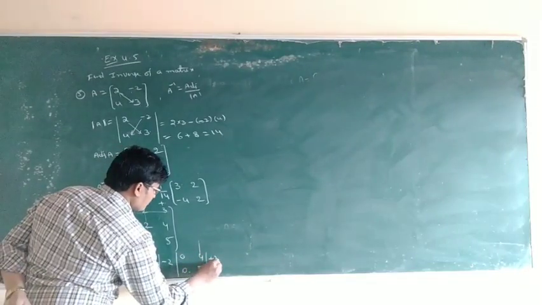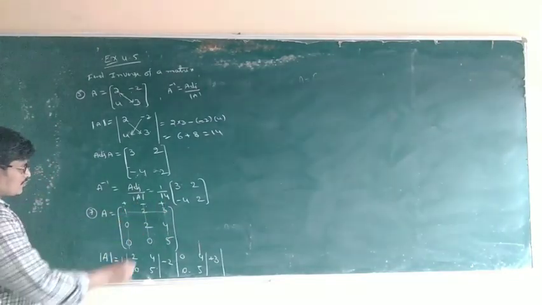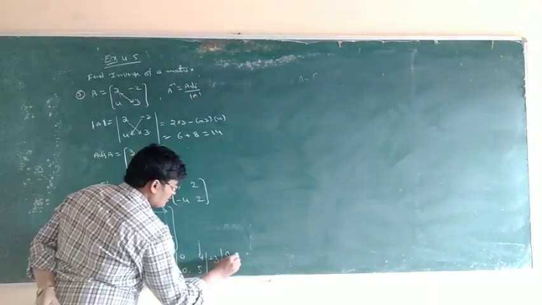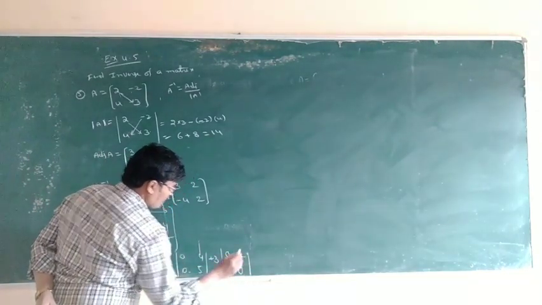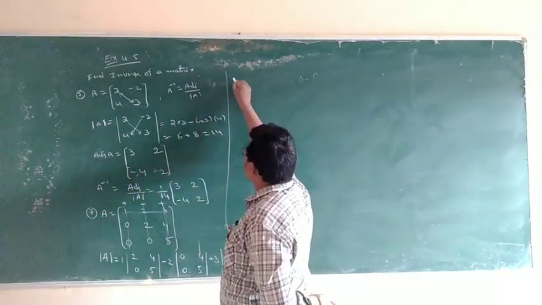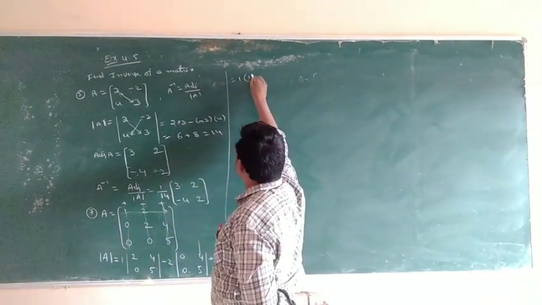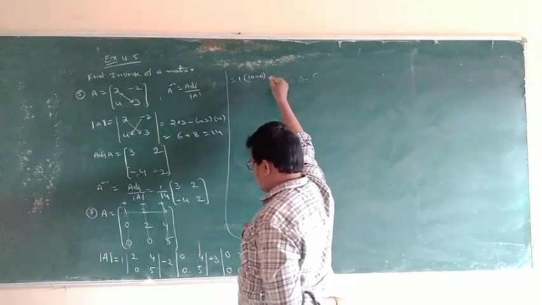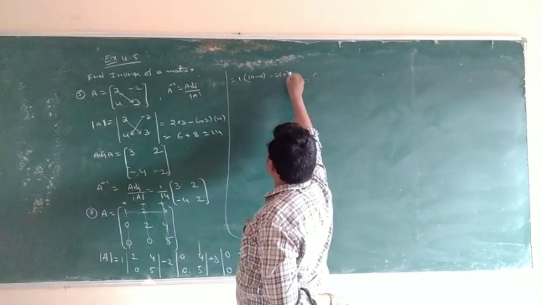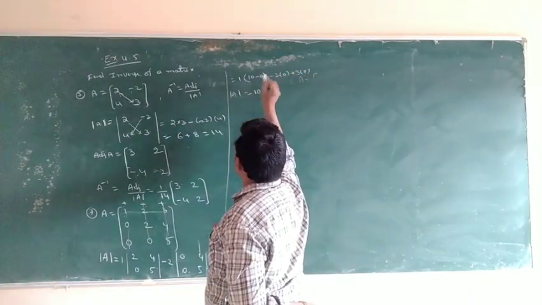Next plus 3 into 0 2 0 0. That is equal to 1 into (2 into 5 is 10 minus 0), then minus 2 into 0, plus 3 into 0. So determinant of A is equal to 10.